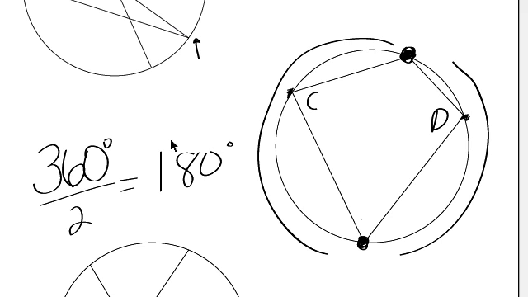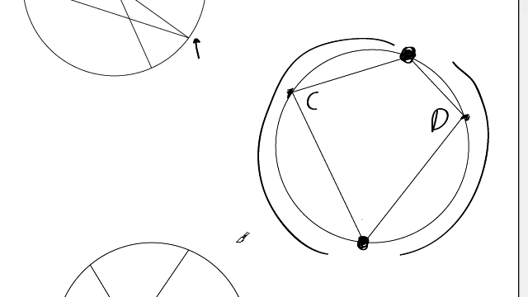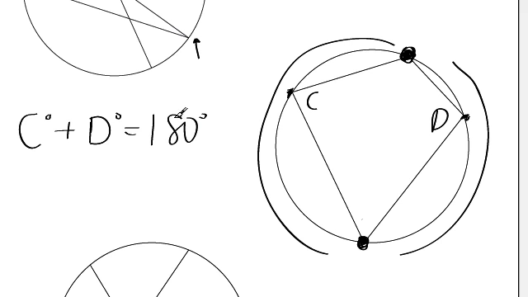Again, that is C plus D. And let me write that. C degrees plus D degrees equals 180. And the same goes for A in degrees plus B in degrees equals 180.